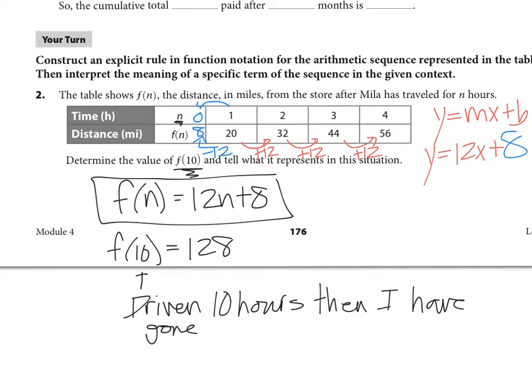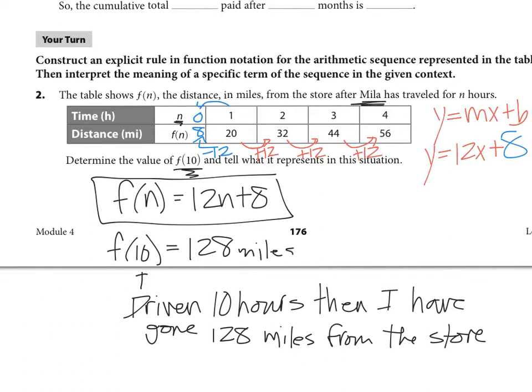So driven 10 hours, then I've gone 128 miles from the store. Or not I, but actually Mila. So that's what that represents, 128. I probably should put here miles, my units. Okay. Let's keep going.